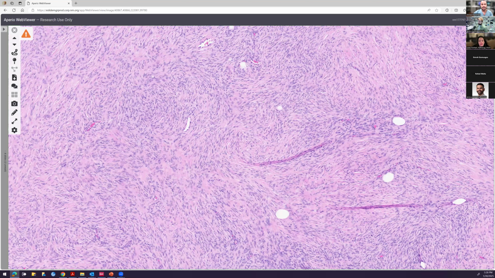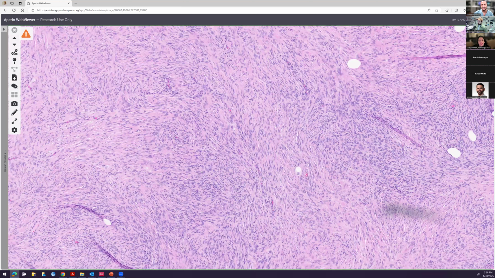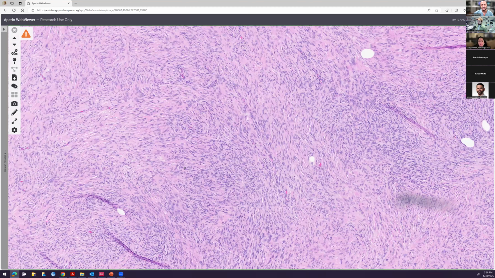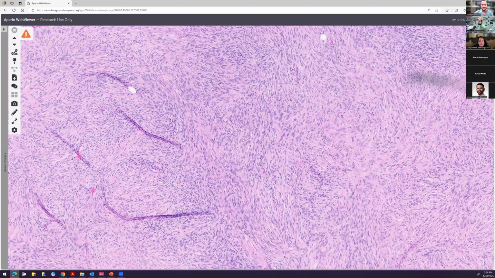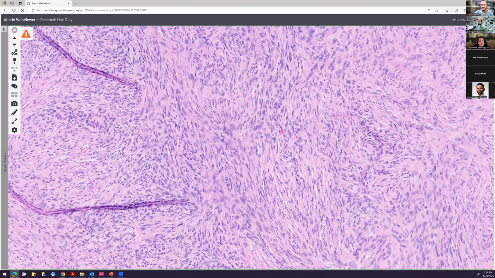So you see a lot of storiform pattern throughout, somewhat a little whirling, a little storiform. There's lots of this cartwheeling around, right? When we say storiform, we mean that the architecture has a central area with little rays coming off of it, right? So that's what storiform means here. So that's fairly typical architecture.